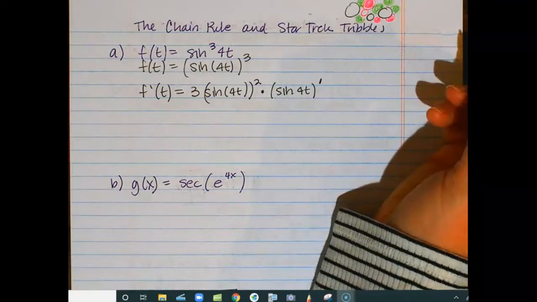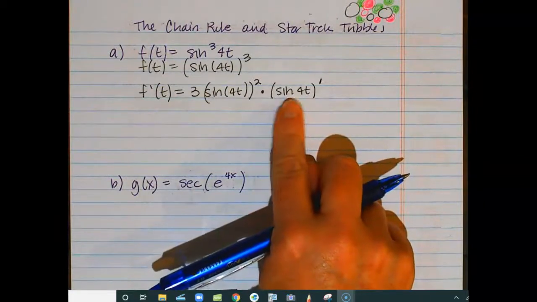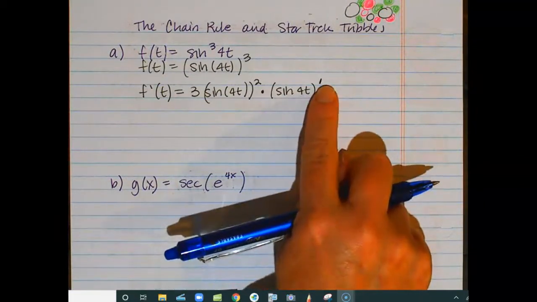That's the derivative of the baby. I haven't taken the derivative of this part yet, but I'm telling myself I'm going to by putting a prime on there. So it's the beginning of chain rule, death by chain rule. This is how you survive it. You do it one piece at a time.